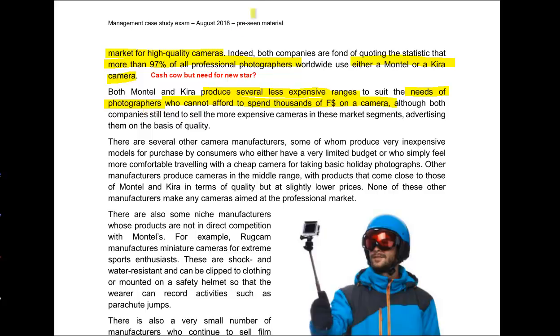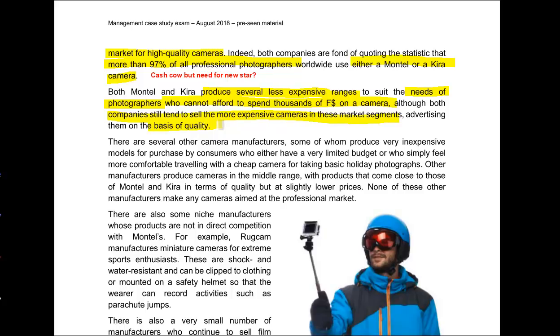However, we've already just heard about the smartphone giving rise to a consumer demand that's pretty small for these less impressive cameras. So we have to think about the negative aspect of getting rid of ranges. They also say that those companies also sell the most expensive cameras in those market segments. Again, on the basis of quality, they're advertising them.